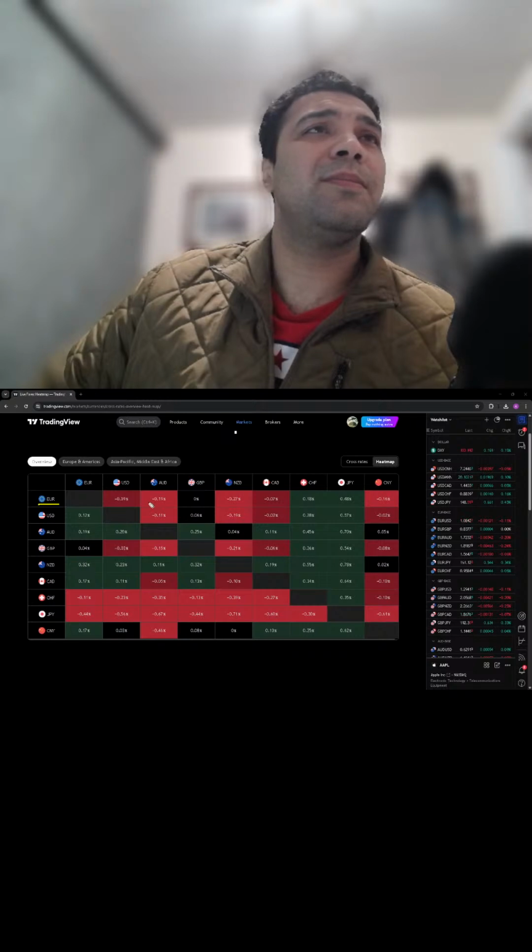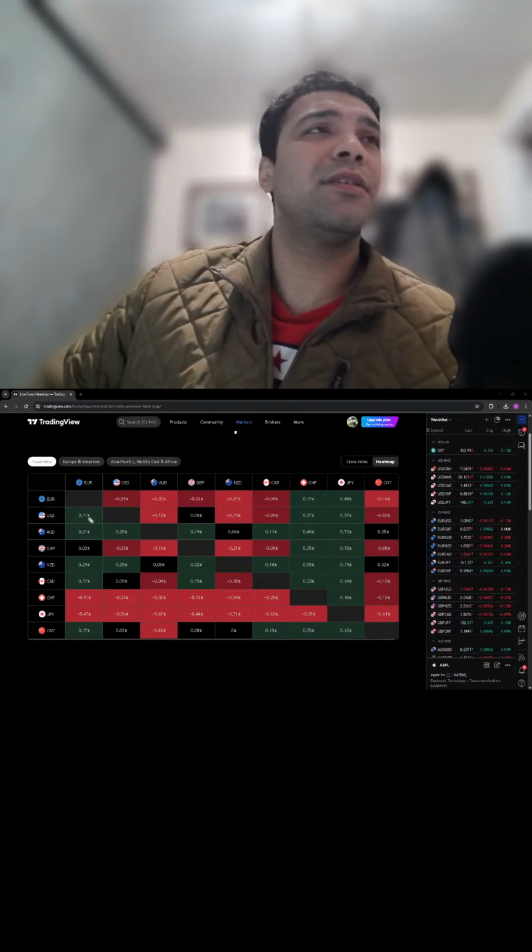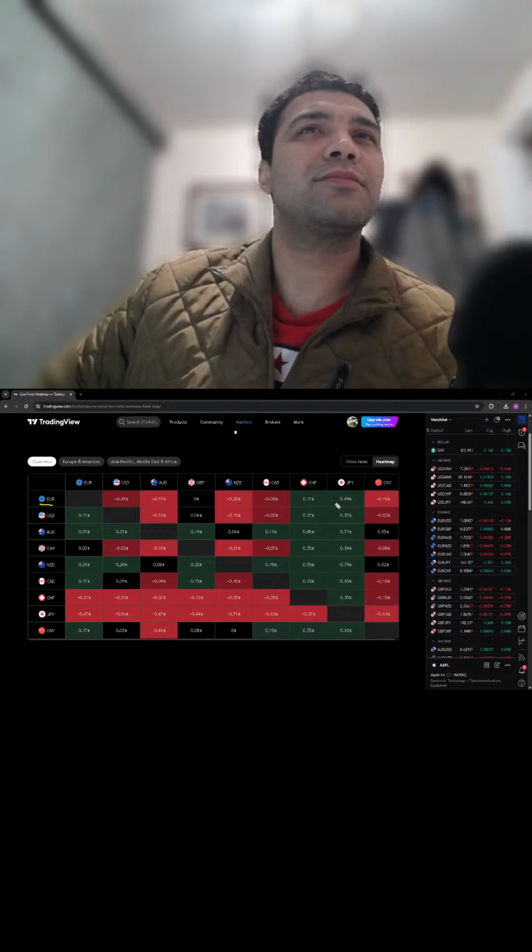Look here, euro, and this is USD. We can see that the euro has decreased almost 0.09% right now, and that shows that the euro is weak. And if we compare the euro to the yen, we can see that the euro has given us great strength against the yen.